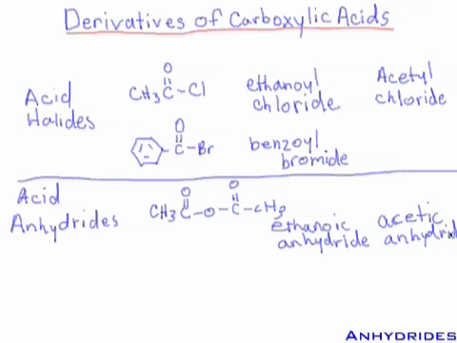Of course, I didn't have room for the E there. Acetic anhydride. Anhydrides can be symmetrical or asymmetrical. Here we have propanoic and benzoic.